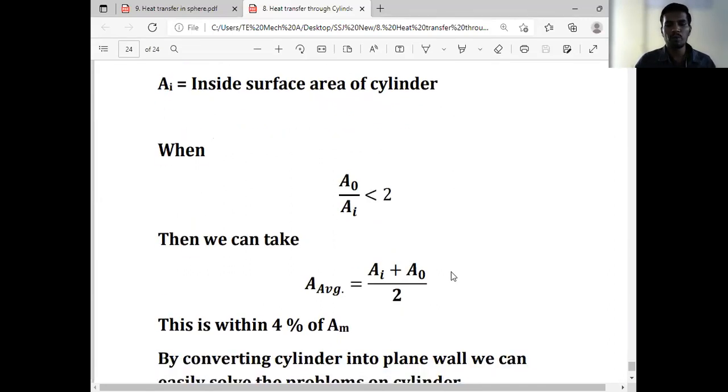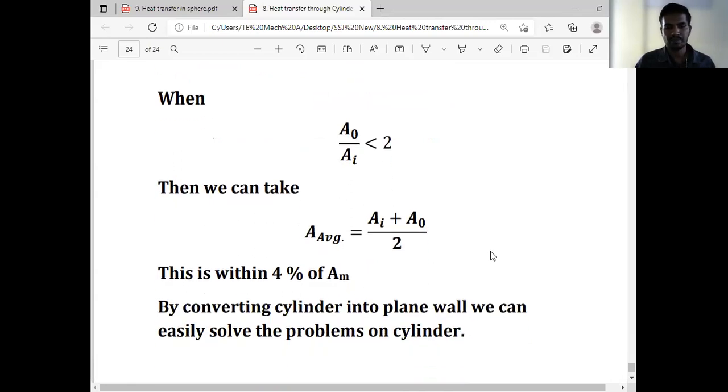This is within 4% of AM. ओके, so this is about the logarithmic mean area for the cylinder.